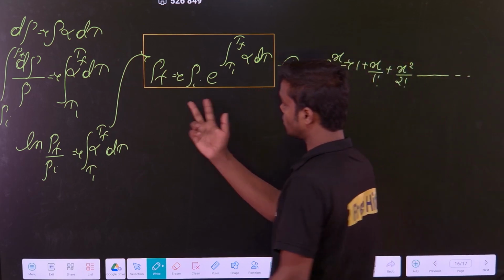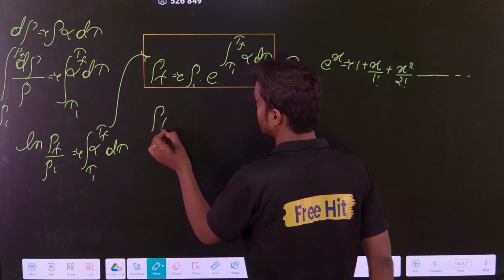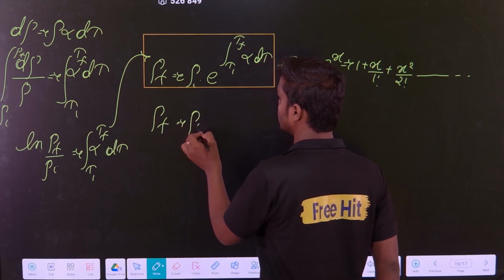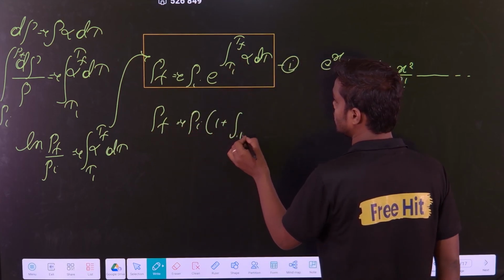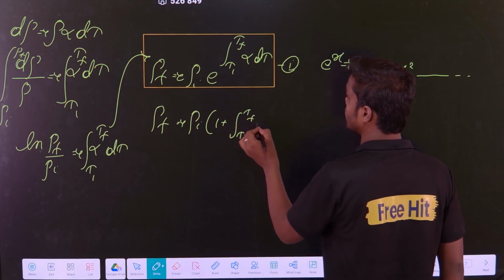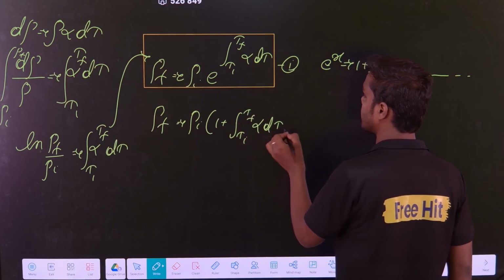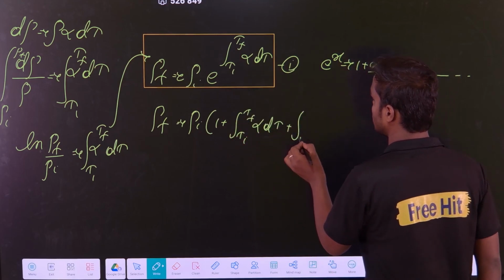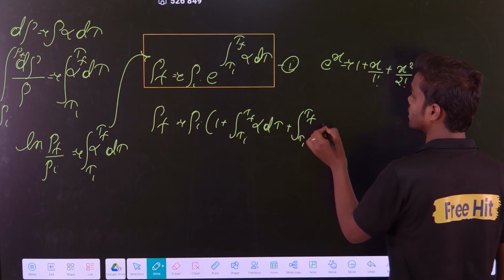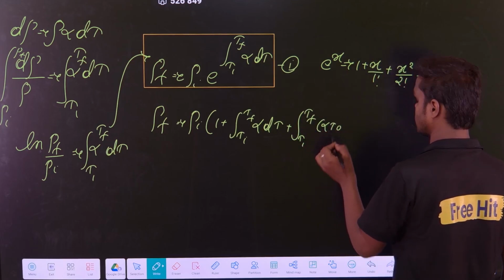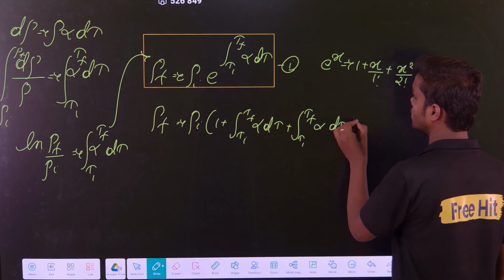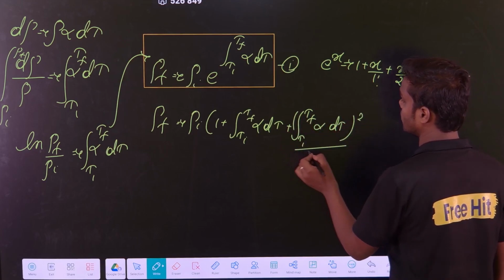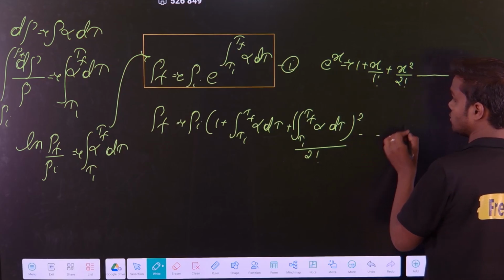If I put it here, I will get rho final is equal to rho initial into 1 plus the integral from t initial to t final of alpha dt plus the integral of alpha dt whole square divided by 2 factorial, and so on.